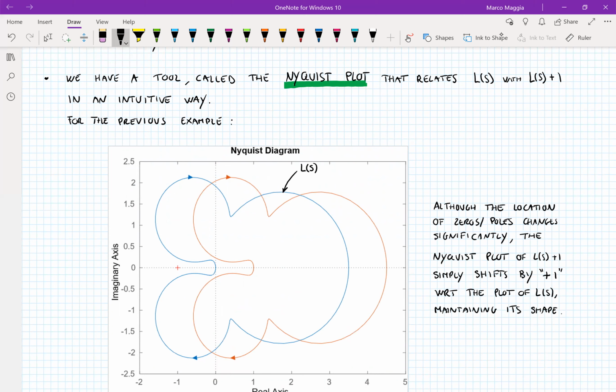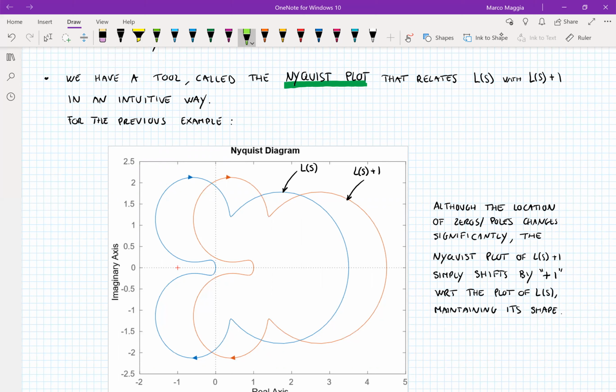And the Nyquist plot for the auxiliary transfer function L of s plus 1, remember the zeros of L of s plus 1 coincide with the poles of T, so they are connected. But you see that Nyquist plot wise, the two Nyquist plots have the identical same Mickey Mouse shape, rotated by 90 degrees. But an important thing is that they are only translated by 1.